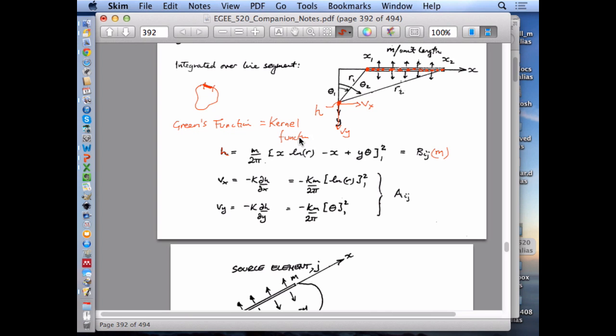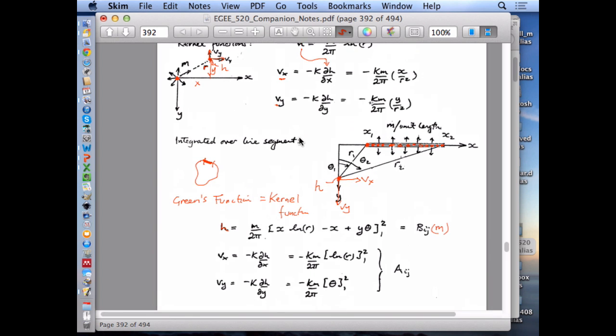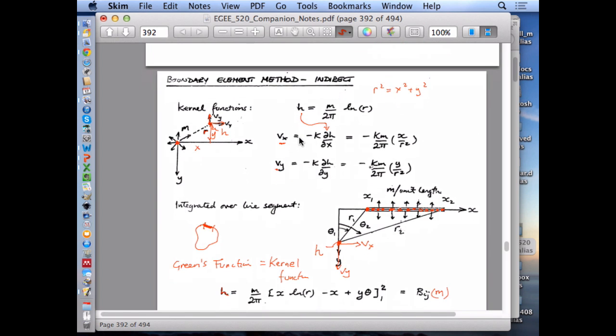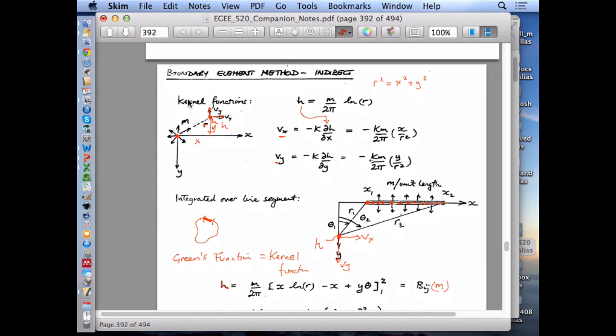And so what these solutions do, if you think about this, is that this is derived from satisfying the equations of continuity, that flows don't accumulate at any particular place, so it's steady state. So it satisfies our differential equation of continuity.